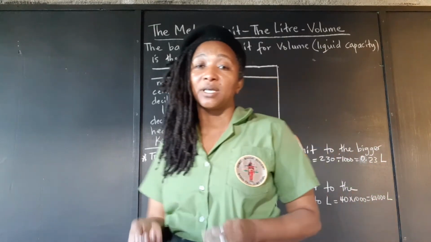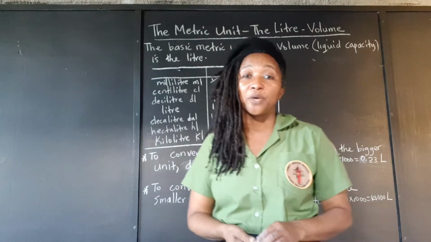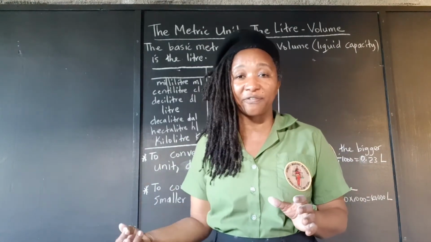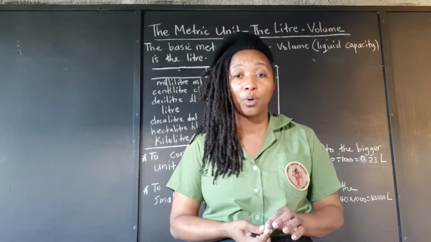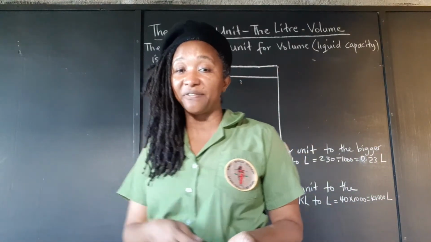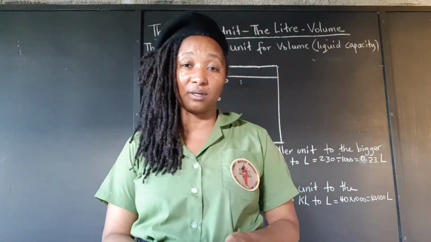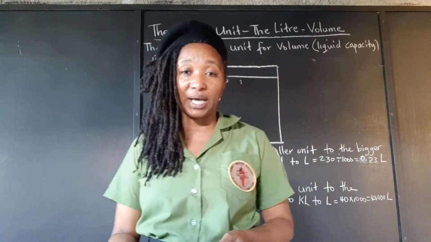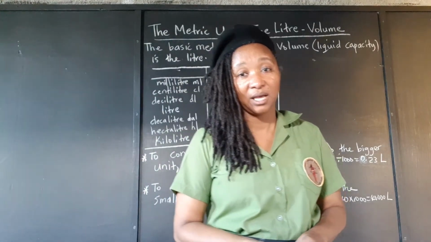So use how many places apart, or use the prefix, that small word that comes in front of the liter, to indicate how many places you're going to move to the right or left, depending on whether you're moving from the larger unit to the smaller. Changing from larger unit to smaller unit, you multiply. Smaller unit to bigger unit, you divide.